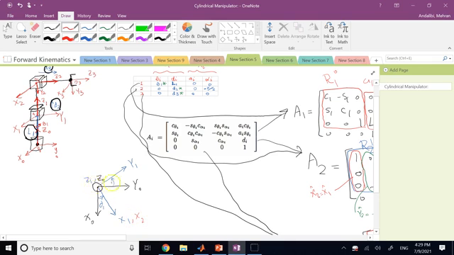Y2 is downward, and then Z2 is the same as Y1. So this Y1 is the same as Z2. And this cross, which is inside the board, that is Y2. And finally, frame 3 has the same as 2. The Y's are the same. The Z's are the same. The X's are the same.